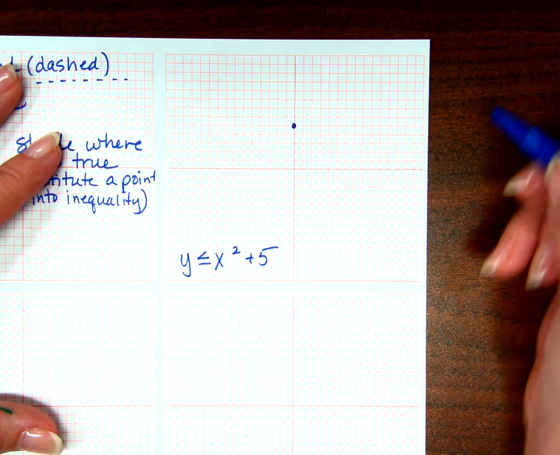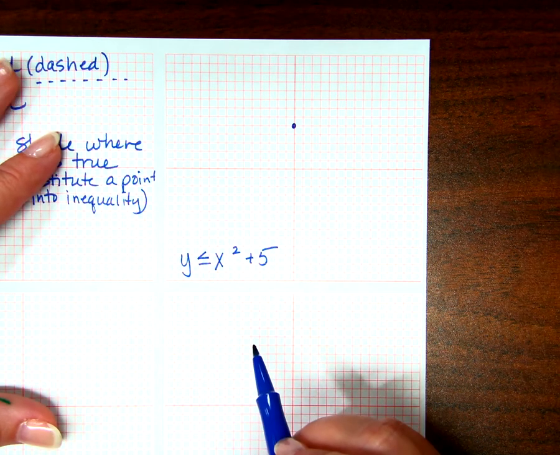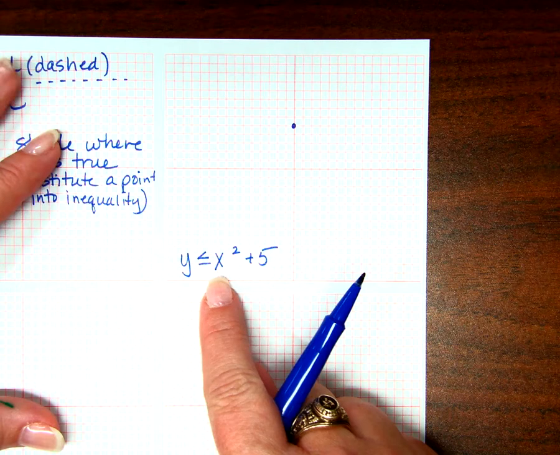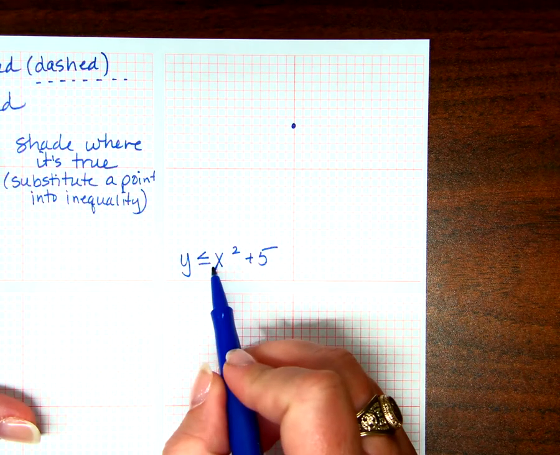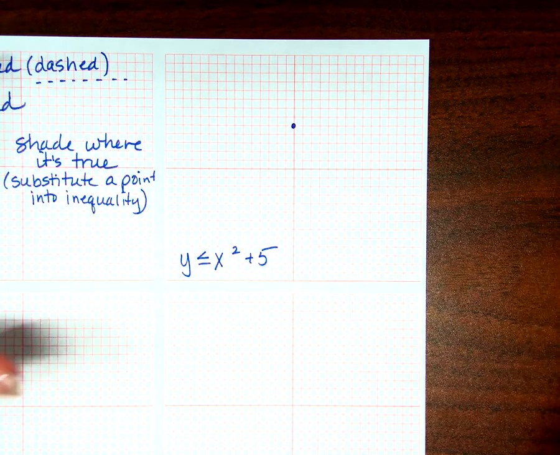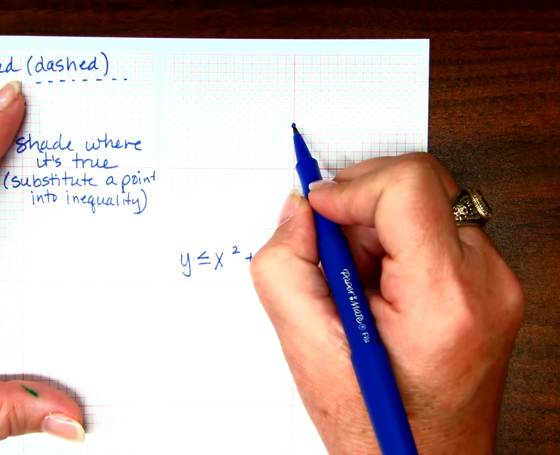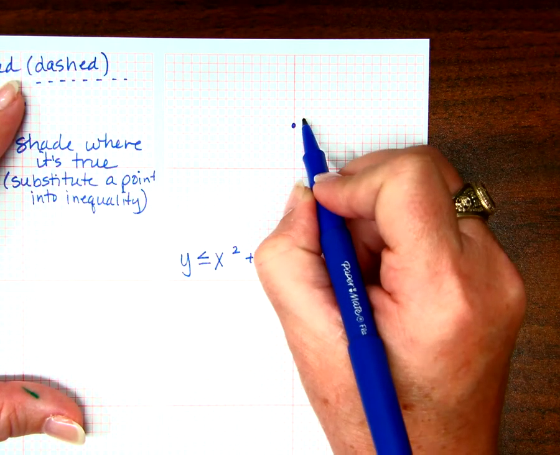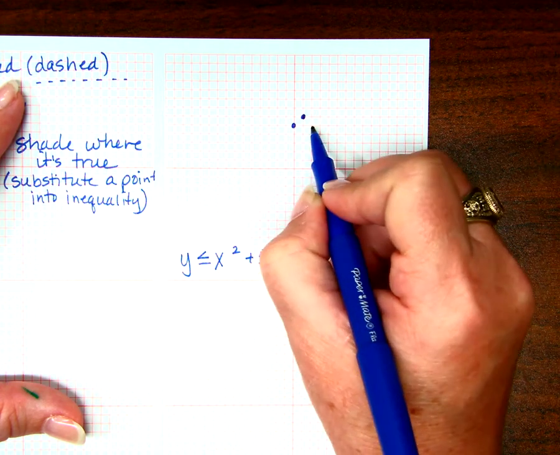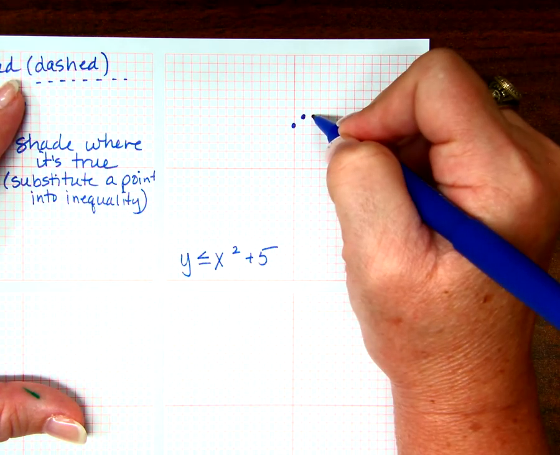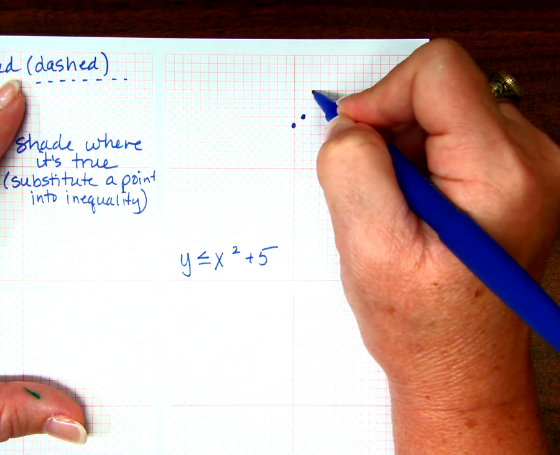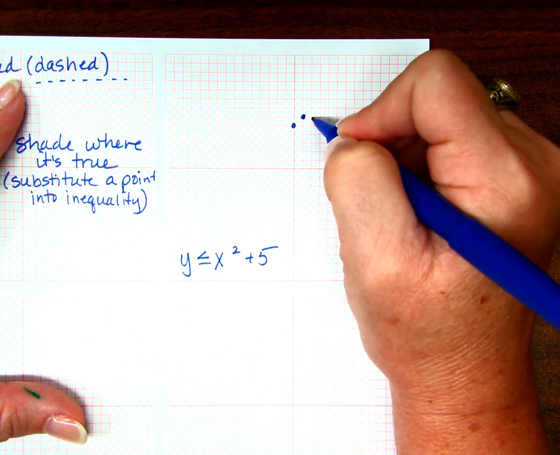Okay. Which way does it open? Oh, up, because this is positive, right? Is it parent function shaped? Is anything being multiplied or divided by this term right here? So it is parent function shape, right? So from my vertex, I can go over 1, up 1. I can go over 2, up 4, because 2 squared is 4. 1, 2, 3, 4.